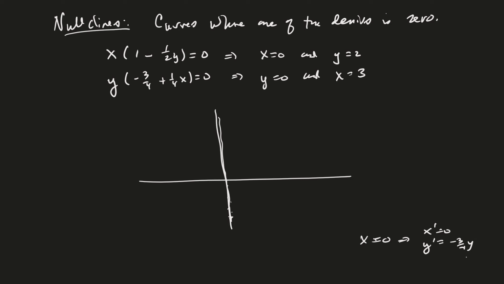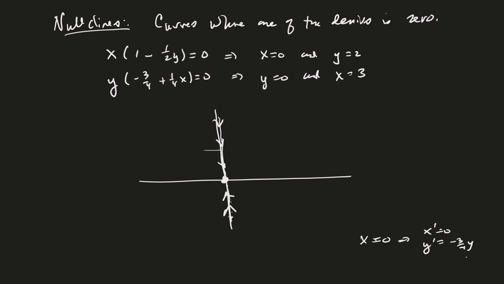And if y is negative, that means we're moving up, right? And so if y is positive, we're moving down. Good. And so the only point that's frozen here is x equals 0.